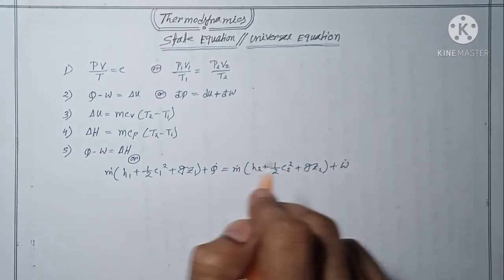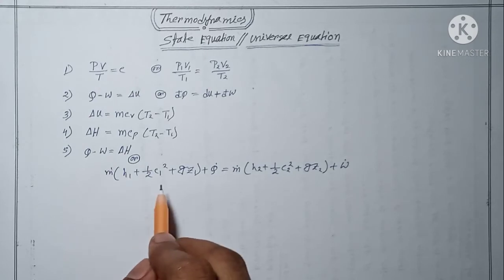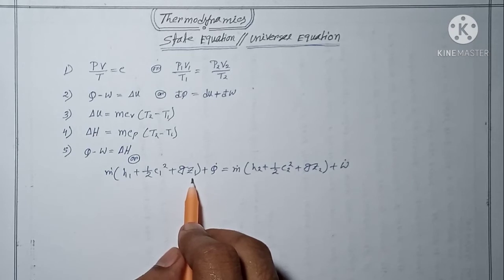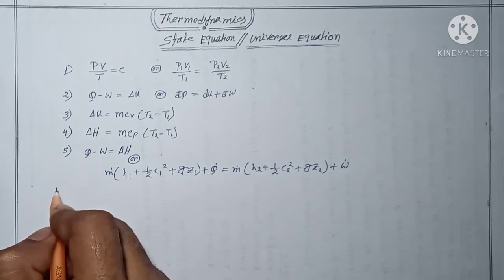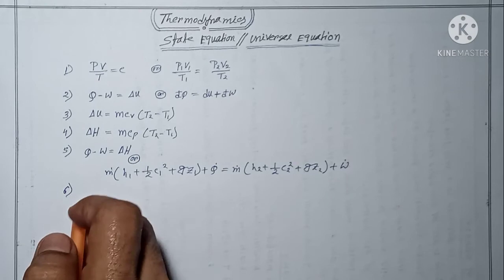Now here we know H1 is the specific enthalpy, C1 is the velocity, and Z1 is the datum from the base point, or datum line you can say. So this one is equation number 5.